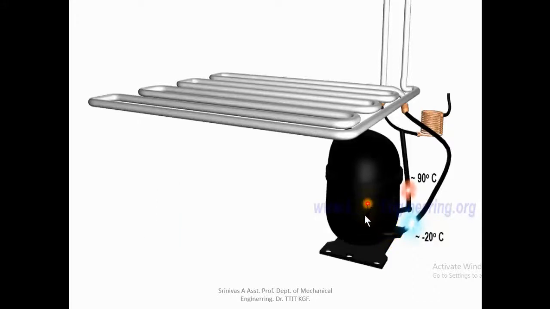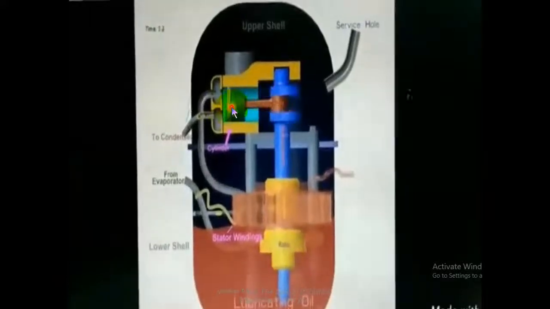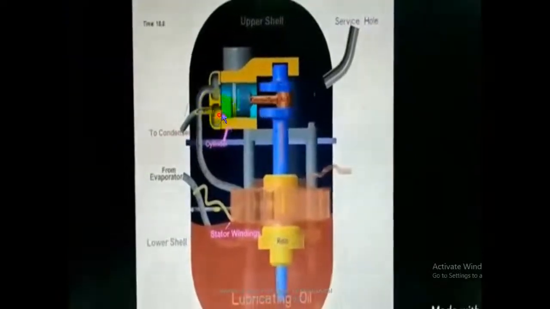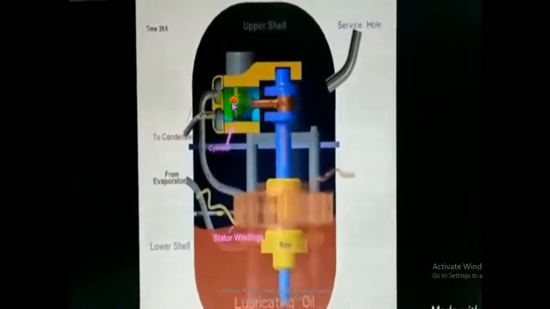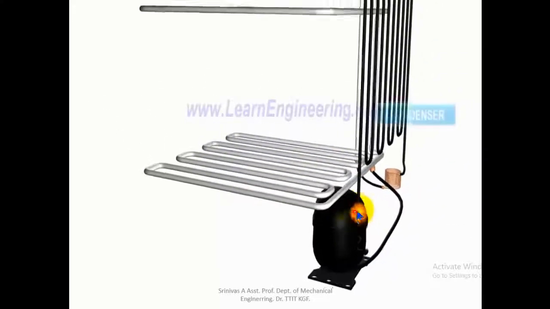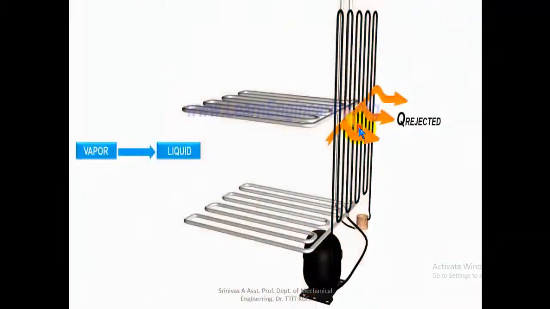How does the compressor work? We'll go inside the compressor. This compressor has a piston arrangement, and the piston is run by the rotor. The piston sucks the vapor and compresses it. Because of the compression, the temperature increases, and because of the piston movement, the pressure and temperature increase. This high pressure and high temperature refrigerant passes over the condenser coils, which are connected to the atmosphere, and it loses its latent heat to the atmosphere.